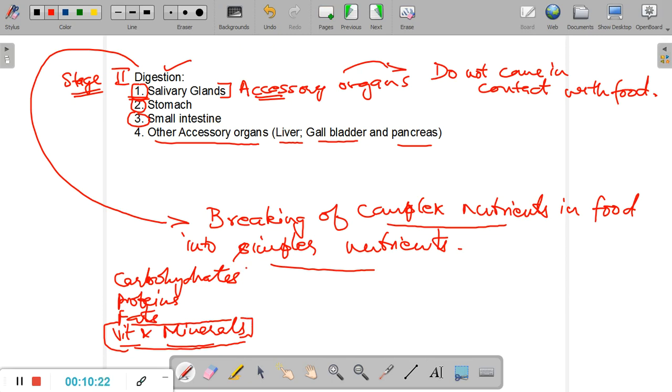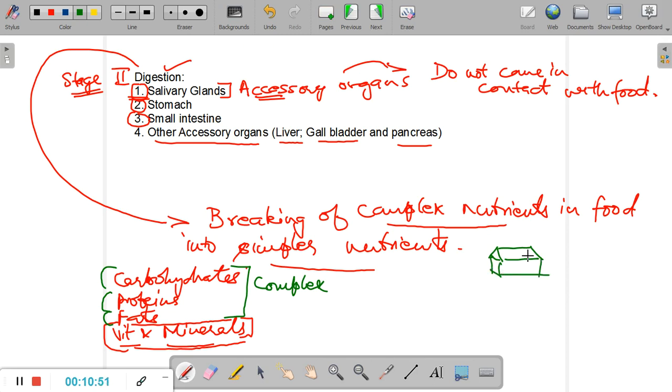But carbohydrates, let's use a green marker. Carbohydrates, proteins, and fats, the ones that we take inside our body through food, are most of the times complex. We'll see an example of these. Now, just like a house, we've done this before, a house is made up of many things.